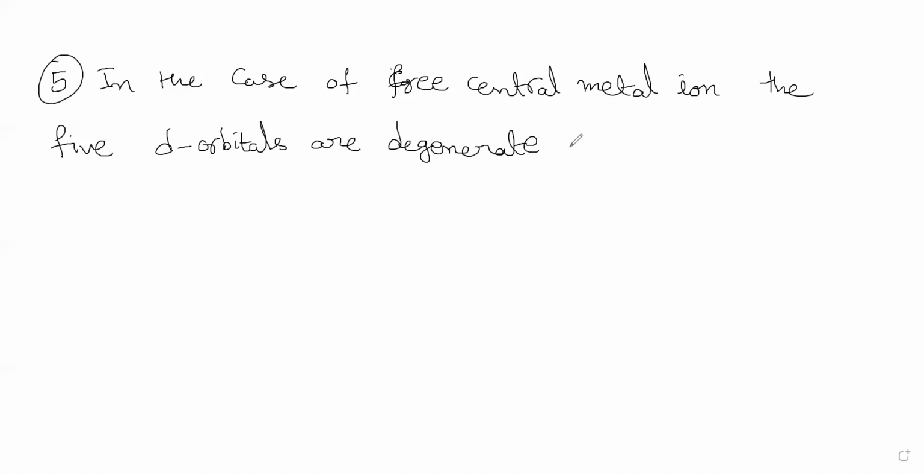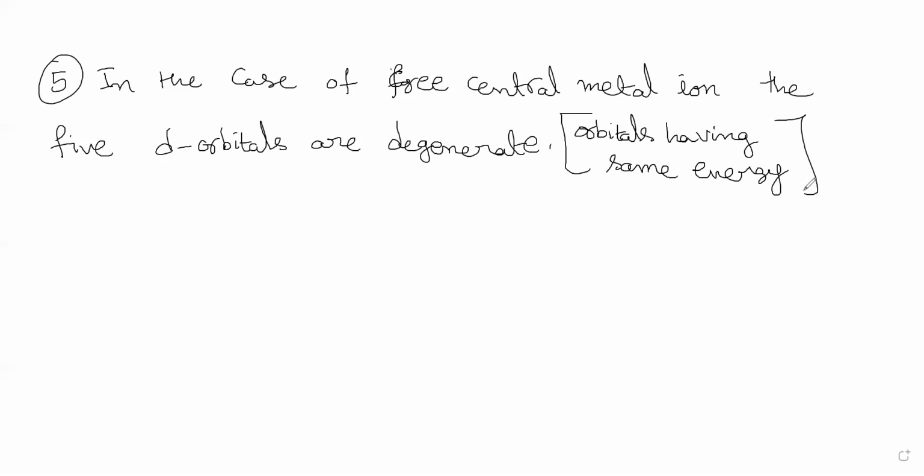What are degenerate orbitals? Orbitals having the same energy. Orbitals having the same energy are called degenerate orbitals. Okay, ma'am? That means all the 5d orbitals will have the same energy and they are degenerate. Okay.